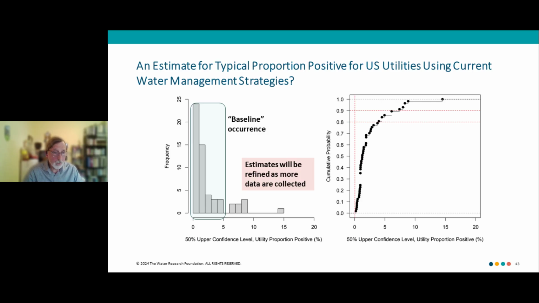So right now, with the data we have in hand, we would say that if a utility were to decide to go out and monitor, it is possible that they would have roughly 5% positive samples and just be in their baseline condition. If you get higher than that, then there's probably some specific problem that needs to be addressed.